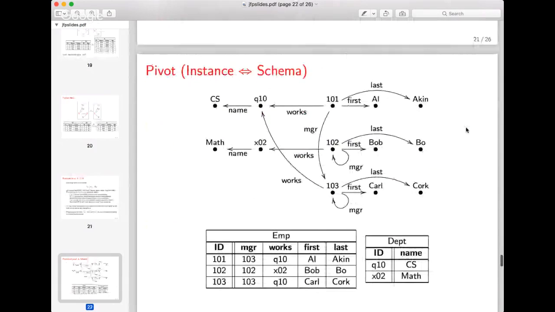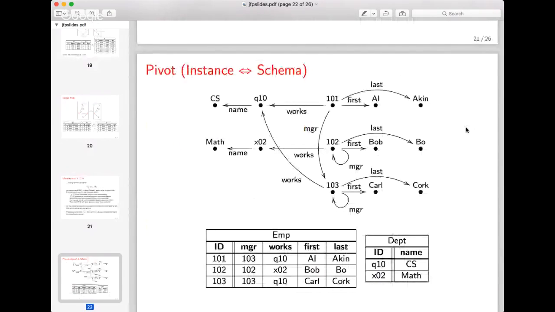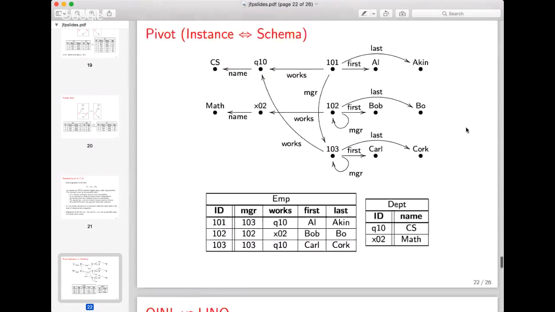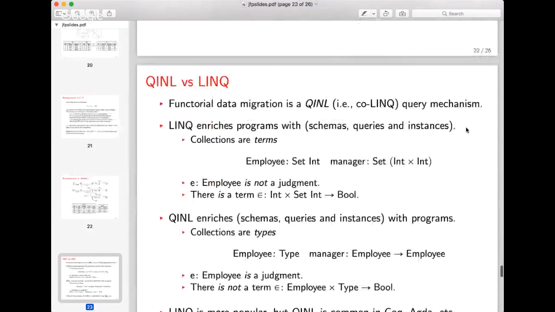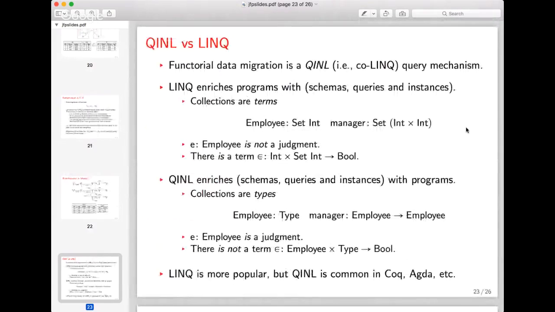And also there's other cool stuff you can do. Pivoting turns instances into schemas and vice versa, and it all has a nice way to talk about it using equational theories.